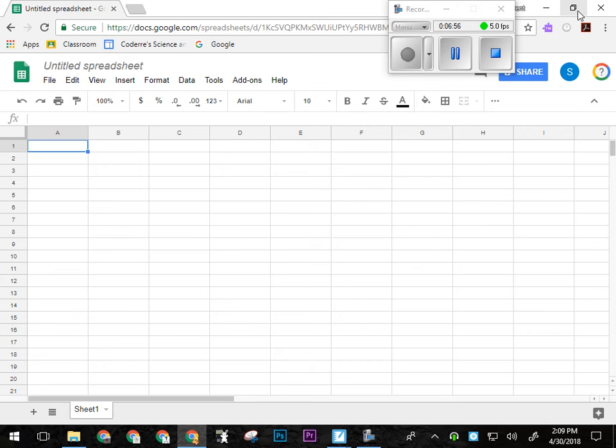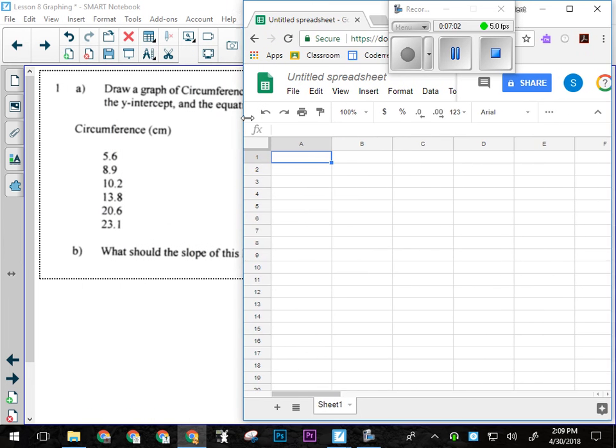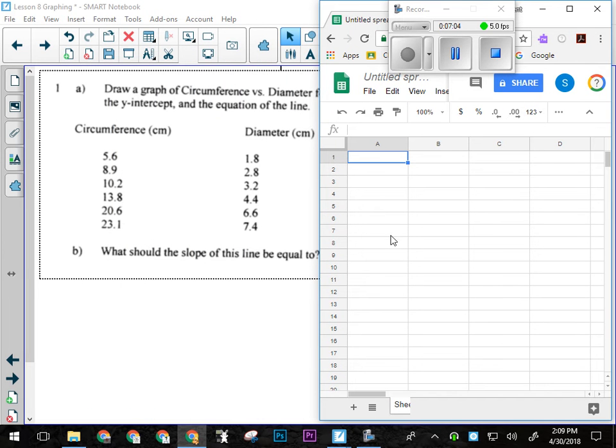We're going to do a basic graph of this data here. I'm just going to scroll this over so I can see my data and type it into the sheet at the same time. You guys can see the data now, so you don't have to do what I've done. Here's the thing though. If we want the graph to have the labels on the axis, I need to put in what's going on the x-axis first.